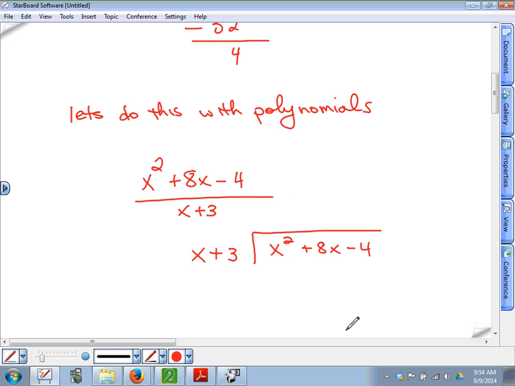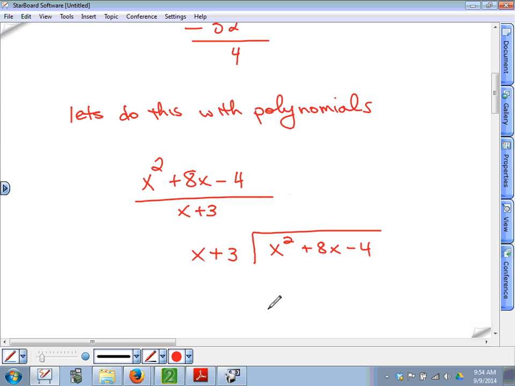Okay. So now you gotta watch and listen very, very carefully. When you're doing this polynomial long division, you only consider first term compared to first term. Okay? Does x divide into x squared?